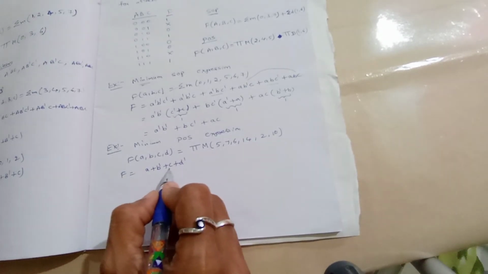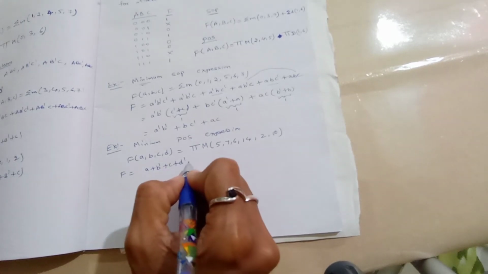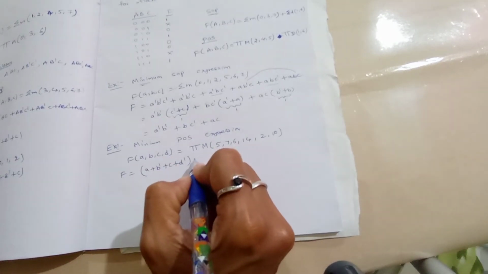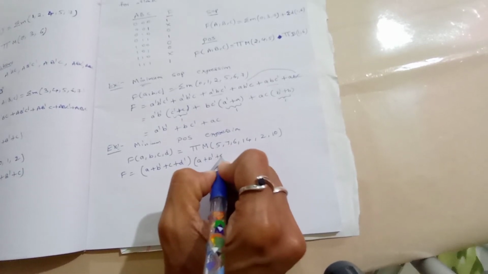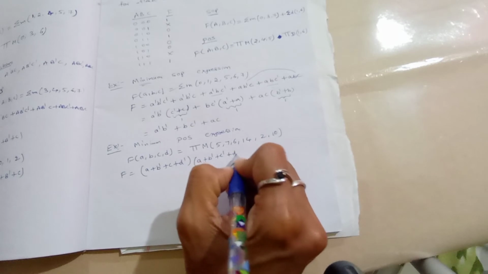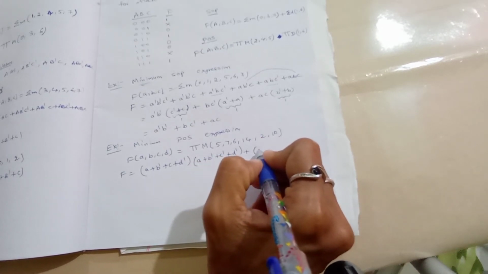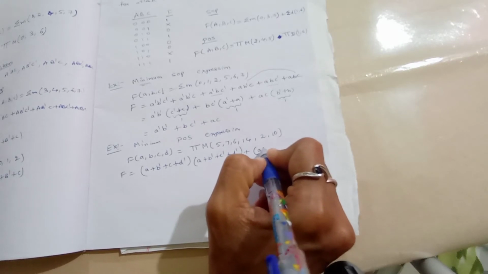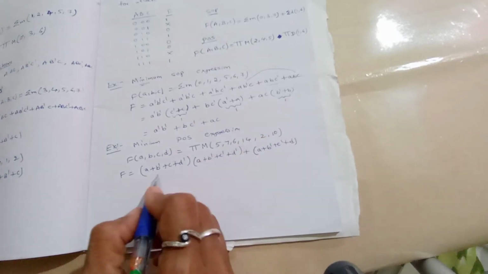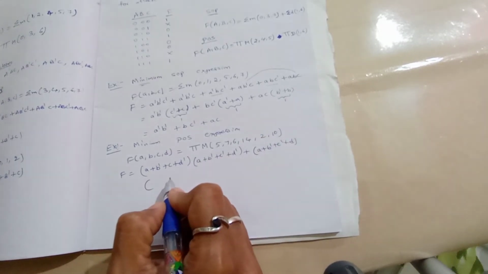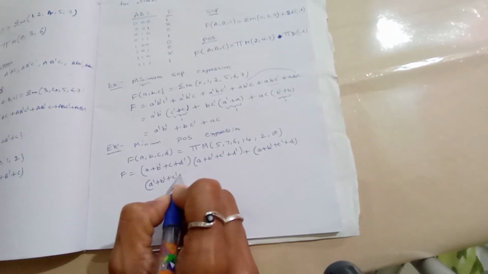Same as 7, 0 1 1 1: A plus B bar plus C bar plus D bar. And 6: A plus B bar plus C bar plus D. Next 14, that means 1 1 1 0: A bar plus B bar plus C bar plus D.